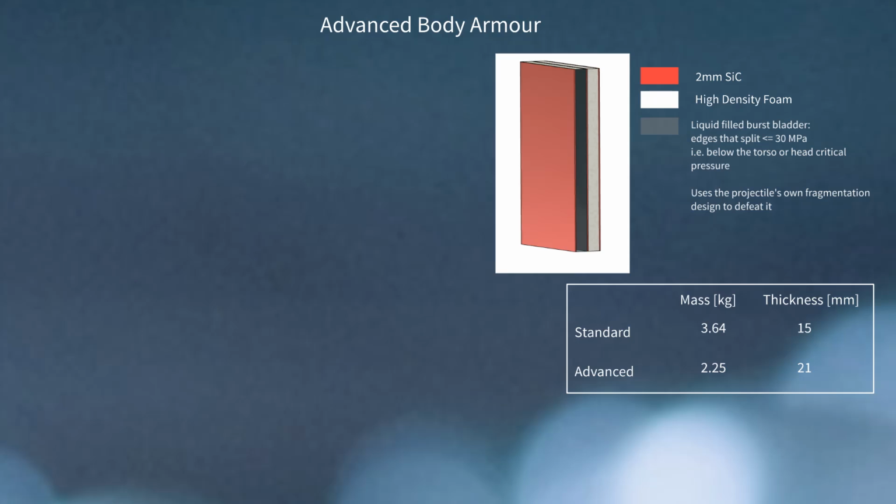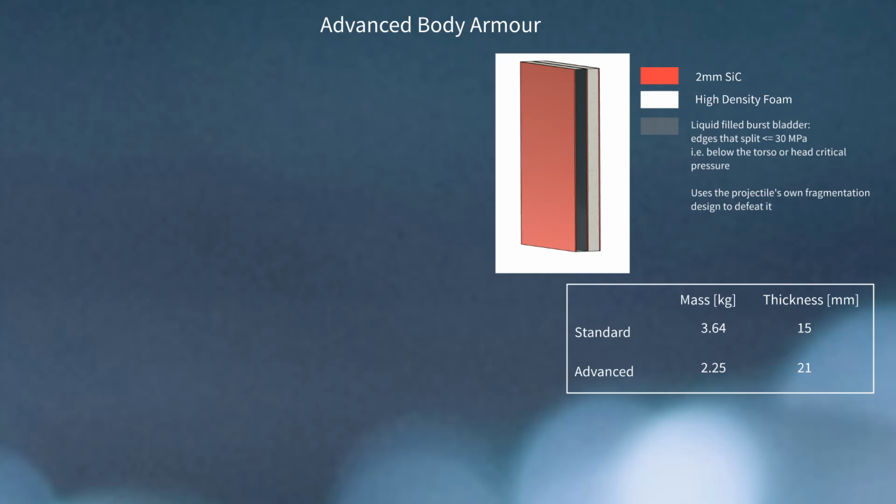Here, we use that design against the bullet to defeat it by presenting it with liquid beforehand, causing it to fragment and dissipate its energy into the liquid, and then the edges of the liquid bladder burst at below that critical 30 megapascals. Here we have then another layer of ceramic behind that to stop the last bit of fragmentation, and some high density foam to give a final deadening of that impact.